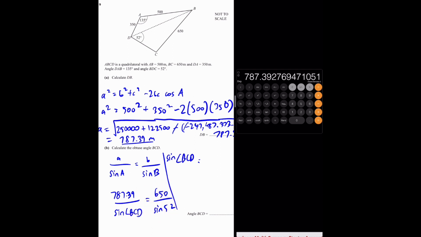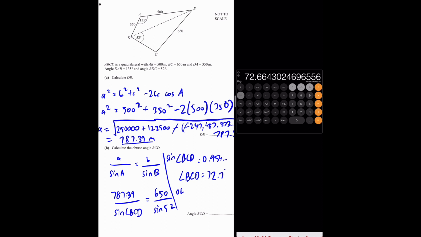So we multiply by sine 52 divided by 650 to get this value as the sine, 0.954, and therefore angle BCD is equal to the sine inverse of this, which is 72.66 degrees. Or we can write this to one decimal place as 72.7 degrees.